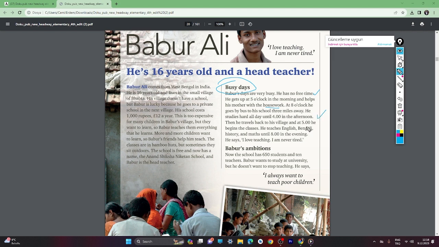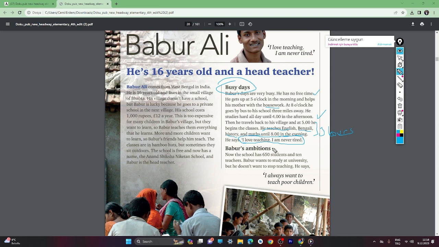So, he studies a lot. Then, he travels back to his village and at 5 he begins the classes. He teaches English, Bengali, history, maths until 8 in the evening. So he works 3 hours with the kids. Okay. He says, I love teaching, I'm never tired.